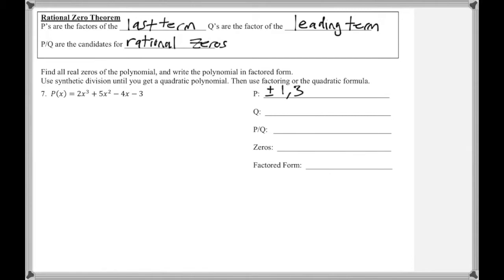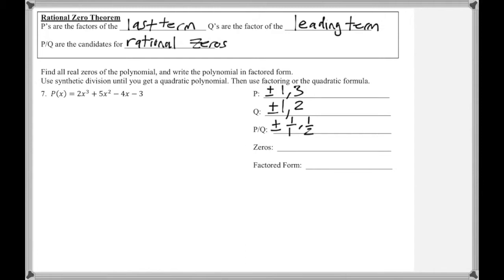The q values, so the numbers that go into the leading coefficient, those would be 1 and 2, positive and -1 and -2. So then if we make all the combinations where p is on top and q is on the bottom, that would be 1 over 1, 1 over 2.